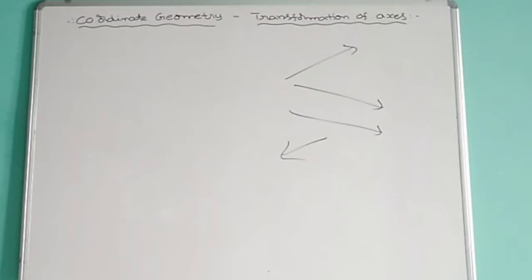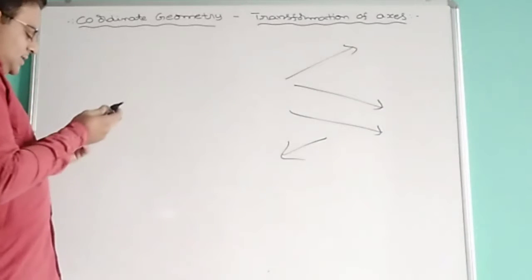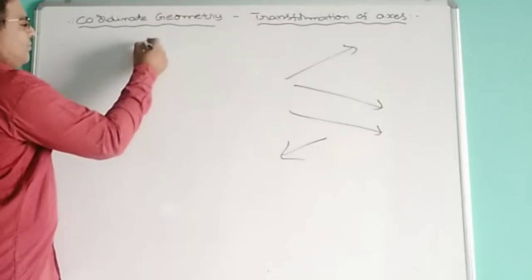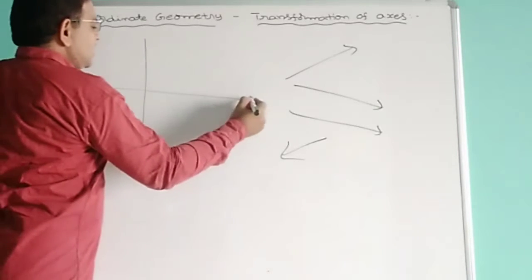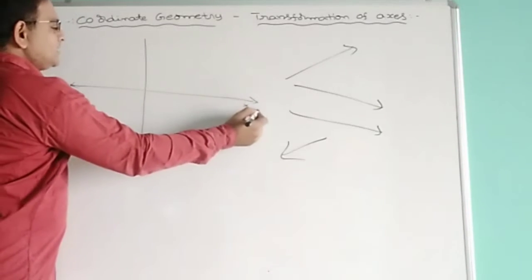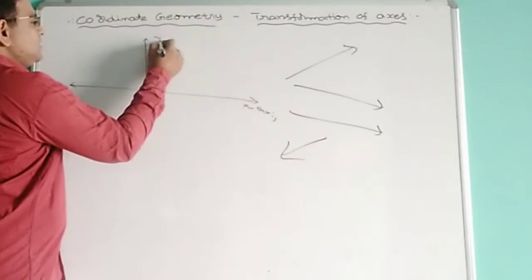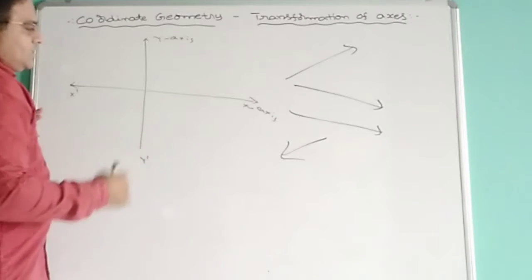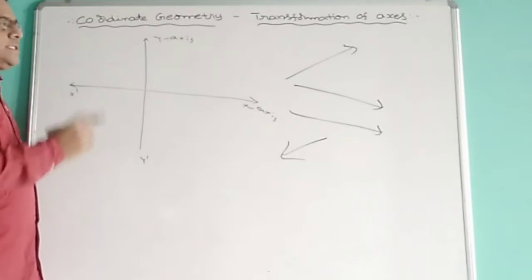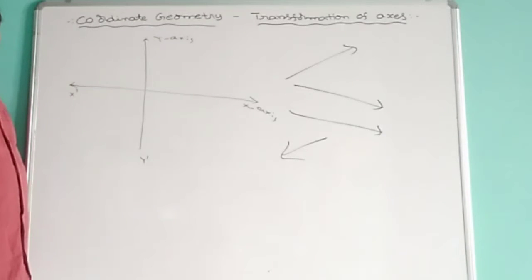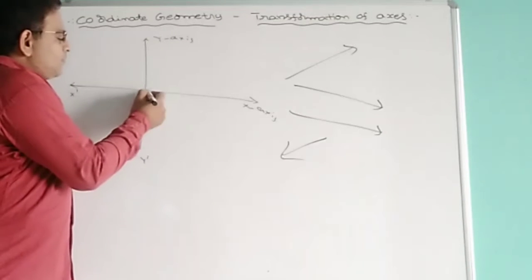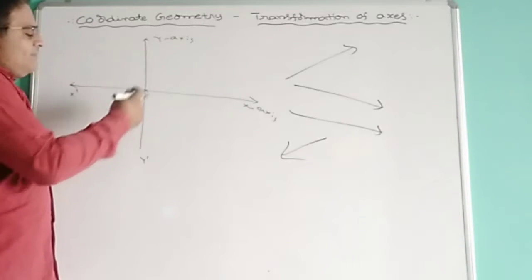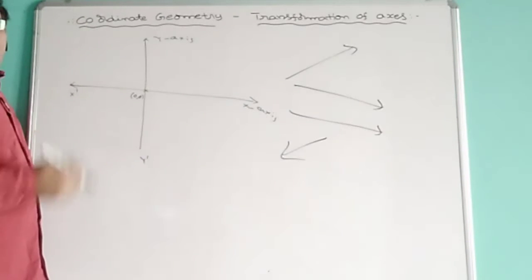Now I am taking two fixed straight lines, as I explained in the last section: the x-axis, the y-axis, x dash, y dash. What is the meaning of transformation of axes? Suppose the origin is transferred to some other point.